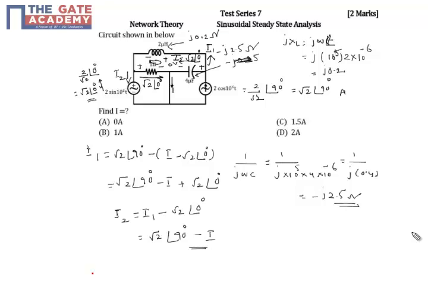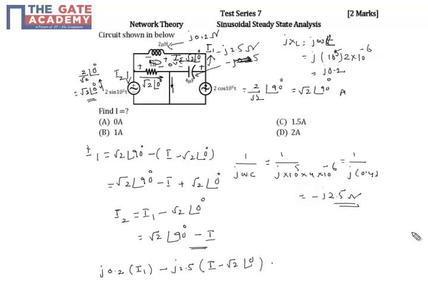If I write here, the voltage across the inductor, which is positive, is j 0.2 into the current I1, already known, minus, because this is minus, j 2.5 into the current, which is I minus root 2 at an angle of 0.